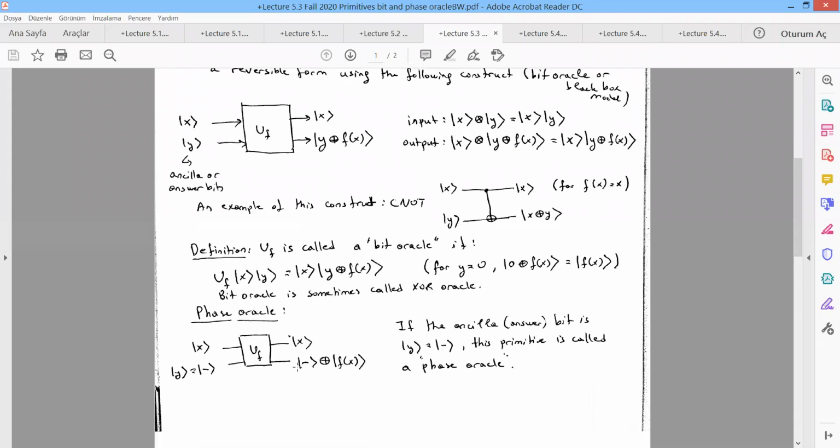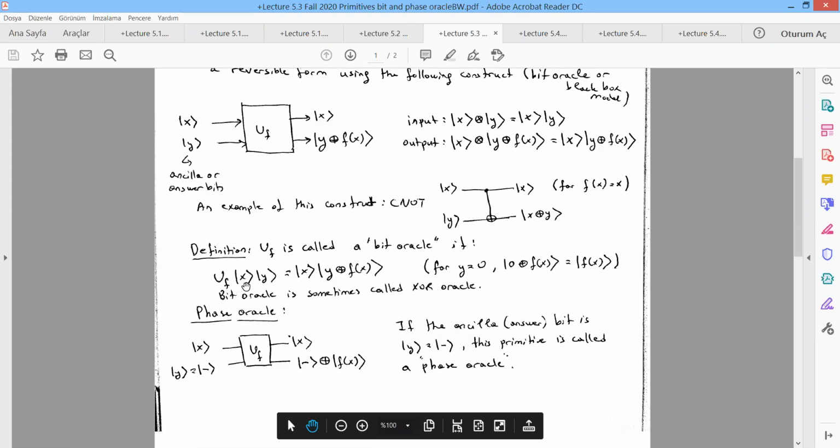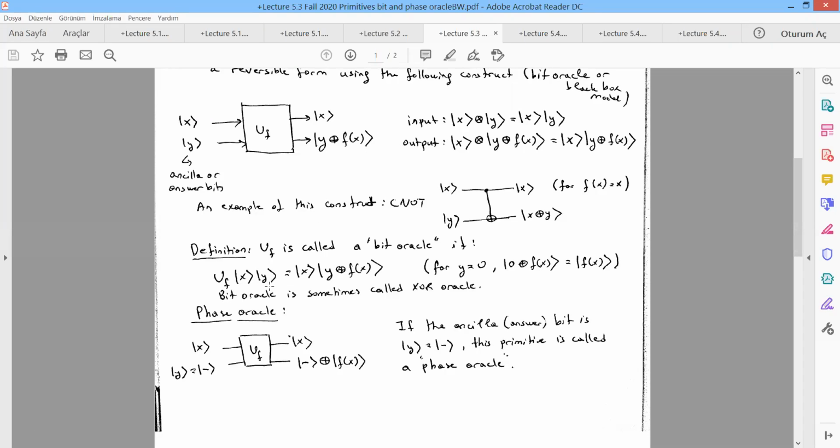So we can formally now define a bit oracle. If in the input we have |x⟩ and |y⟩, |y⟩ being the ancilla bits, and we apply a unitary transform U_f, in the output we have |x⟩, |y plus f of x⟩.